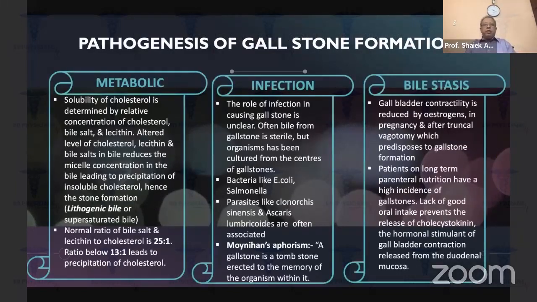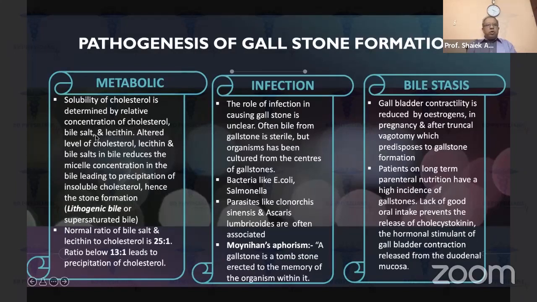Pathogenesis of gallstone formation: these are the metabolic cause, infection cause, and bile stasis. In the metabolic cause, solubility of cholesterol is determined by the relative concentration of cholesterol, bile salt, and lecithin.